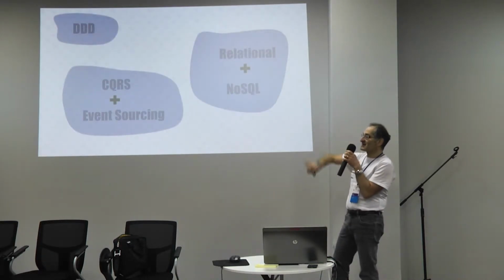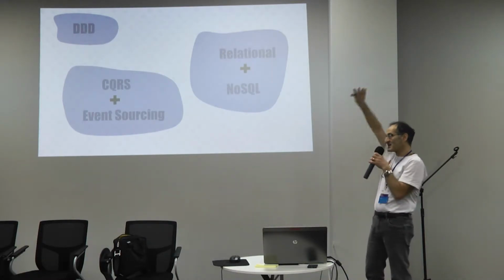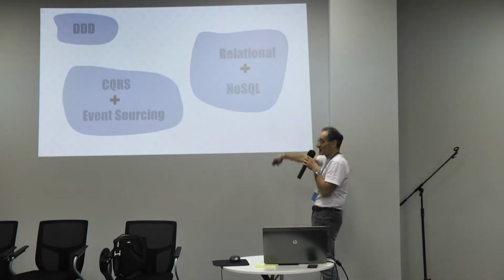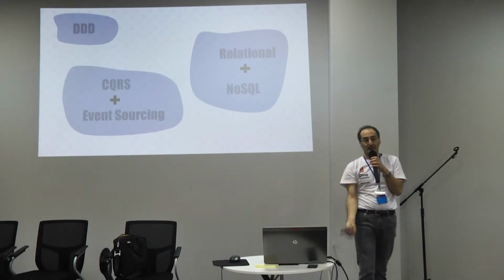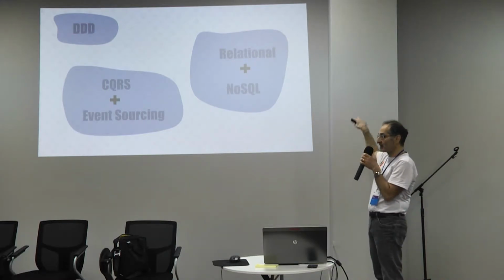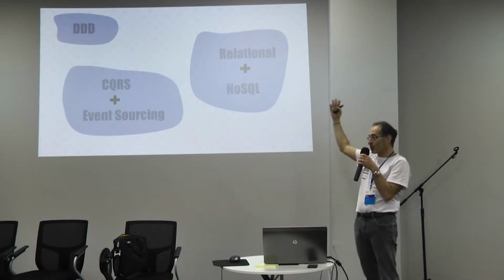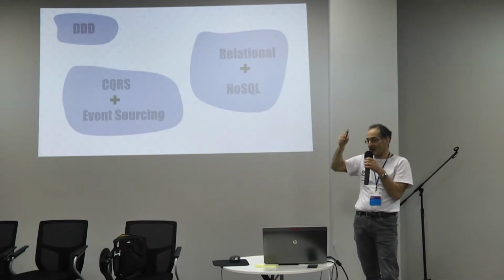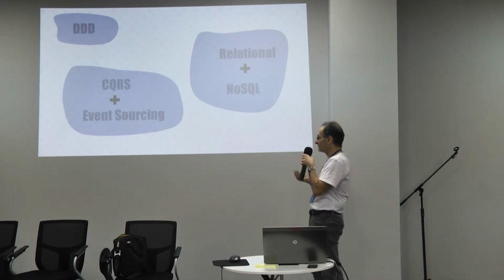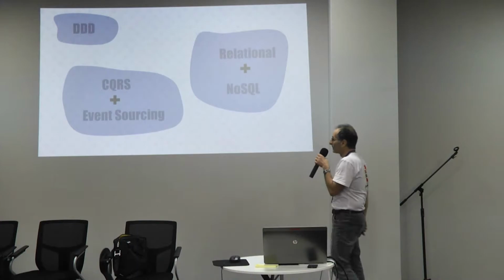I would say domain-driven design can be an island in the sea of software development. CQRS and event sourcing and relational and NoSQL can be grouped together. And the idea now is that we have 3 islands, each of which contains one or more buzzwords that all by themselves mean essentially nothing, but united with others, they start getting more sense.